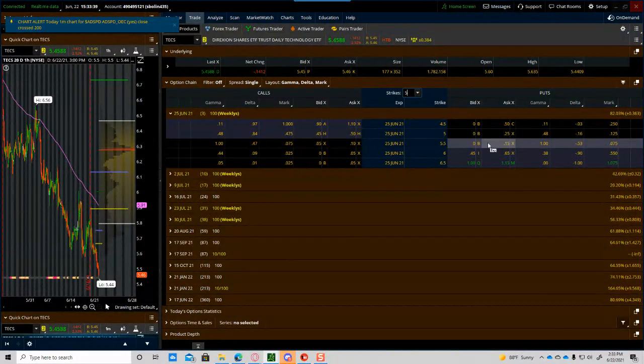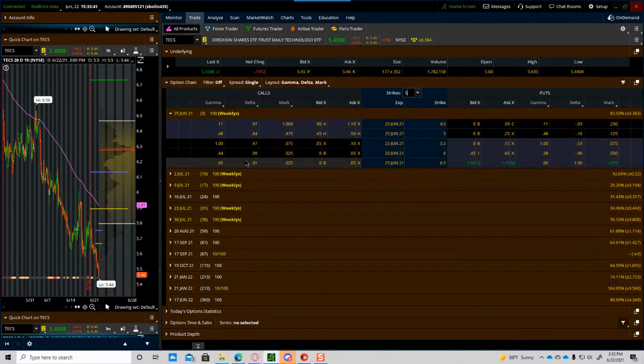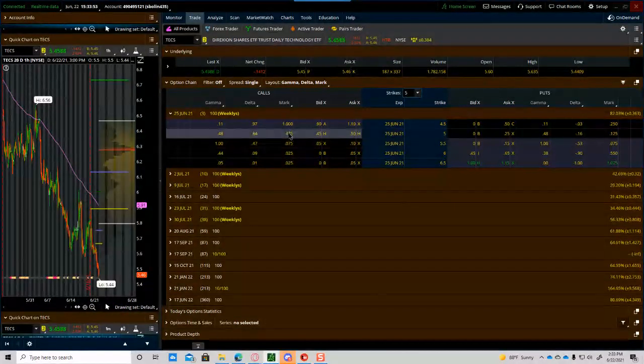If you're wrong, you're going to lose whatever the mark was, right? $7. Okay, I don't like to lose $7, but whatever. So you buy that option for $7. If it makes a 50-cent move, you're going to get paid really well because it has a really high gamma and doesn't make much of a move before it starts to make money.